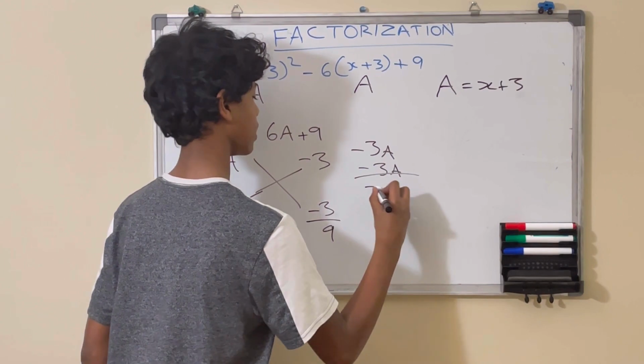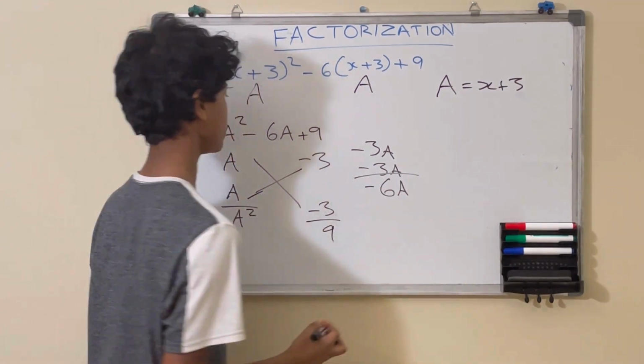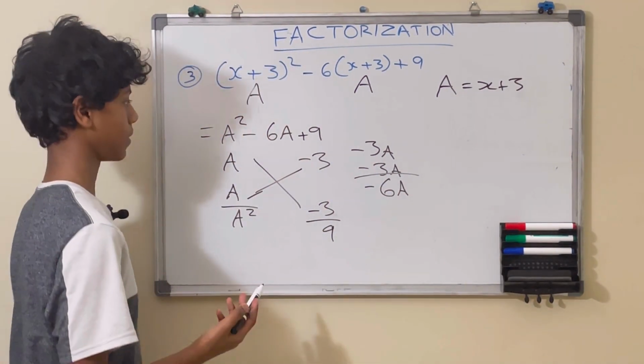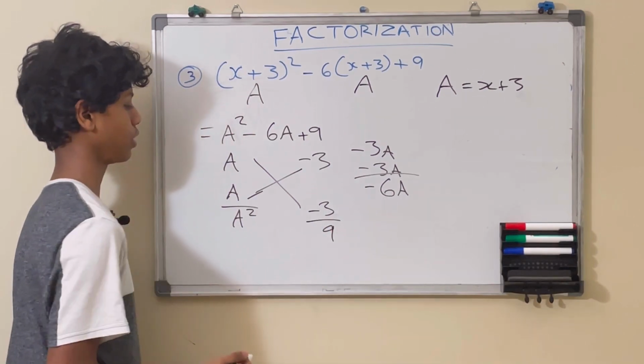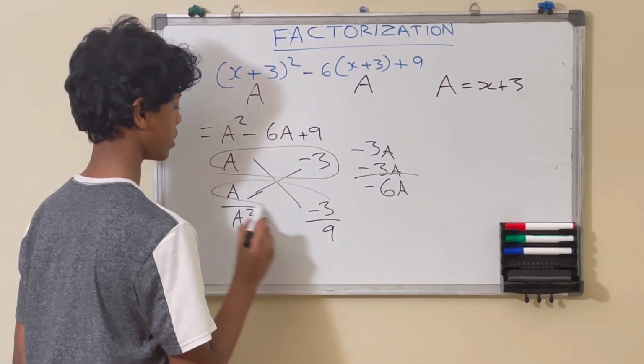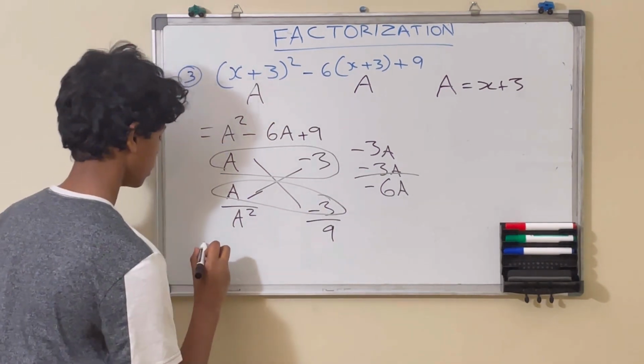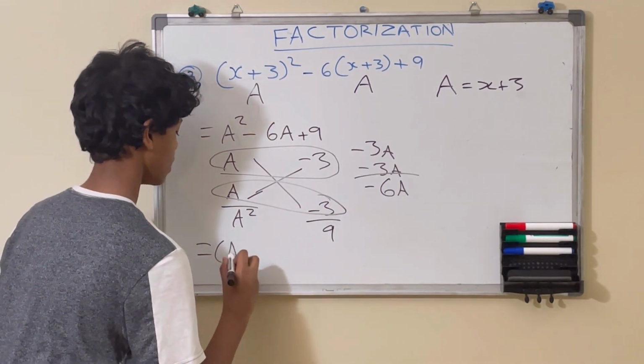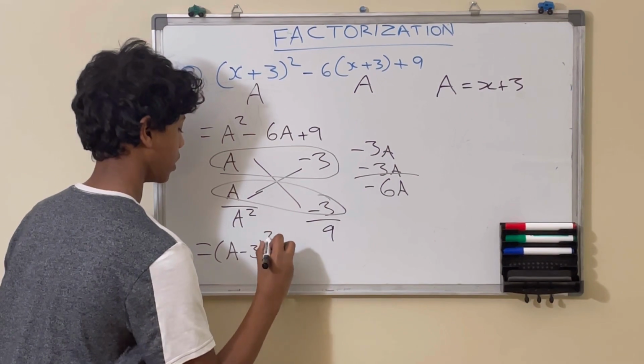So we get negative 6a, and that means what we did is right, because we got our middle term. So now we've got (a − 3) and (a − 3), so it equals (a − 3) squared.